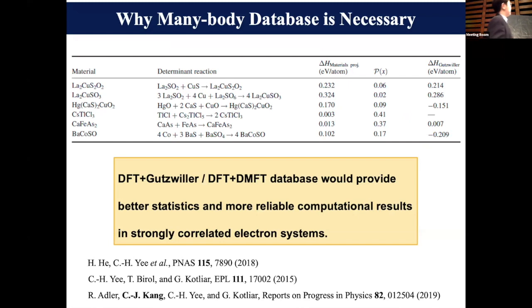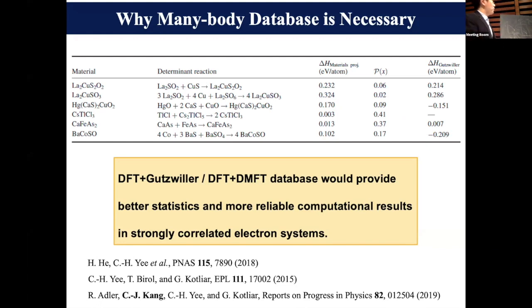We checked the Gutzwiller formation energy for some other correlated materials. The first two materials are lanthanum copper sulfur oxide compounds. Again, in the previous talk, Megan mentioned that these two materials are not stable and decompose into other substances. Both DFT and Gutzwiller describe the unstable phase, which is consistent with the experiment. The third material is a new mercury-based superconductor, which is not reported in the ICSD database.